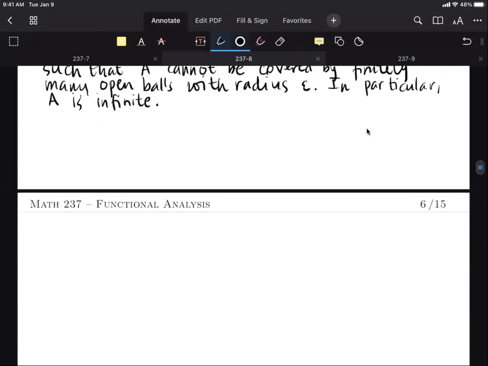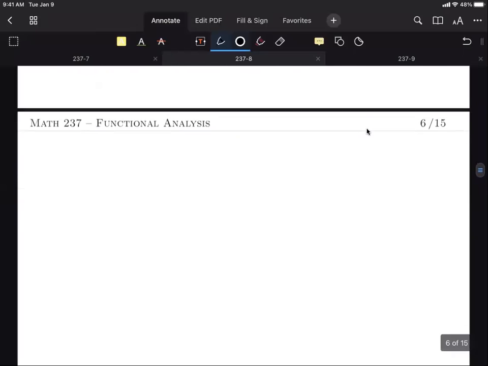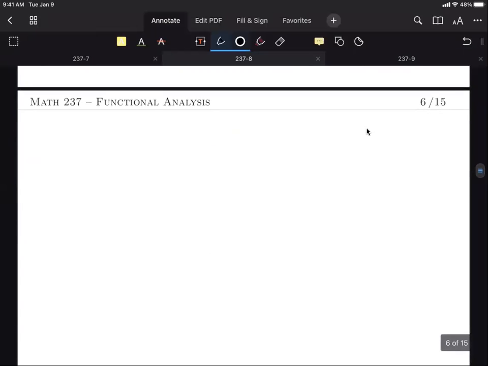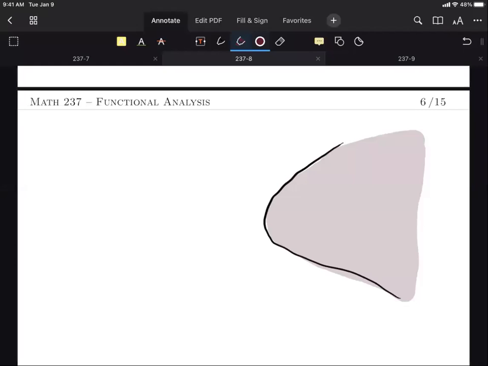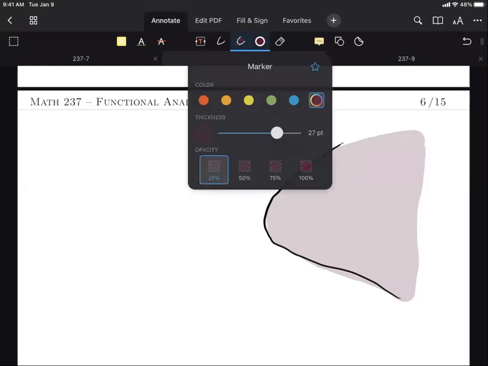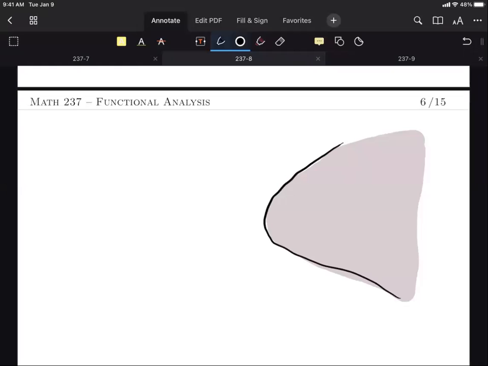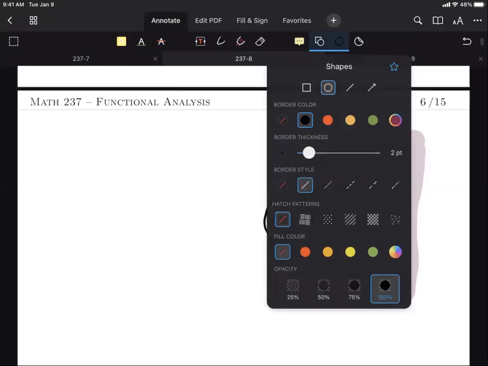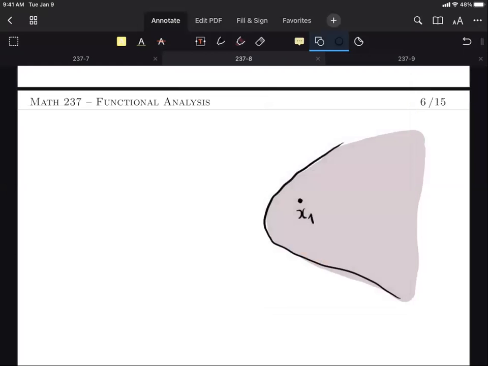So to get the idea of the proof, what we do is the following. Suppose this is a portion of our set A. We will take a point x1 and then consider the ball centered at this point.